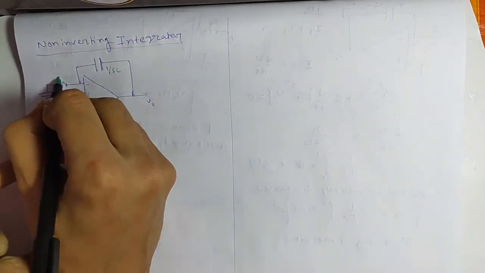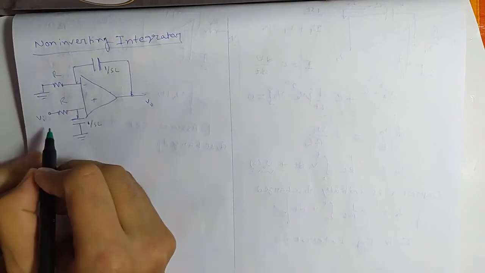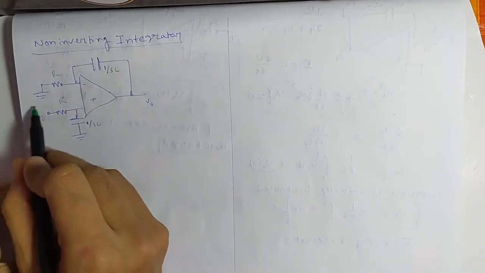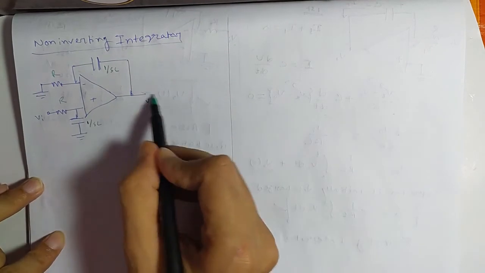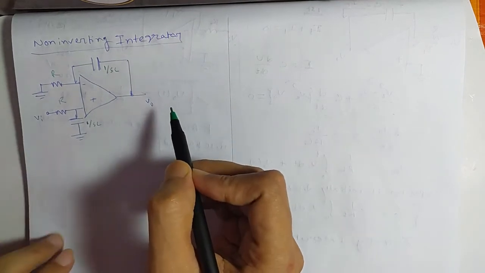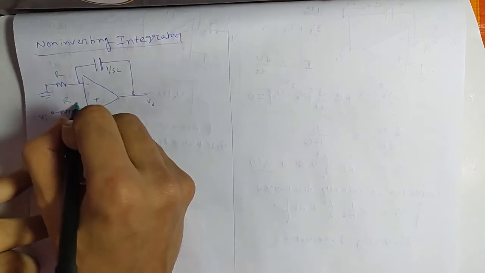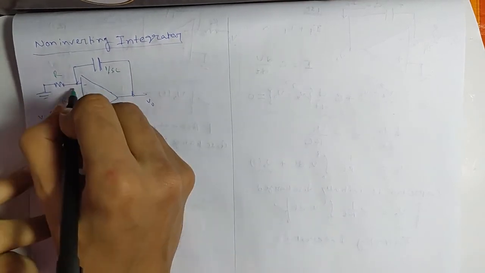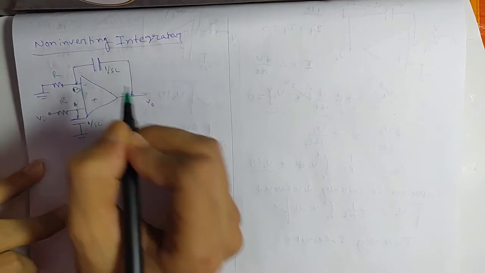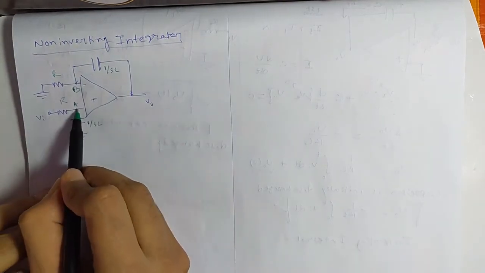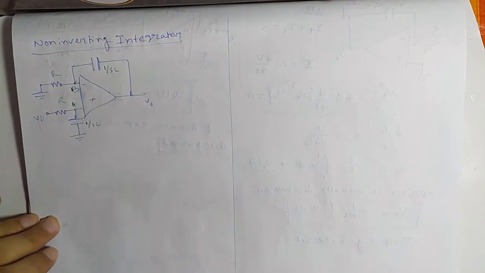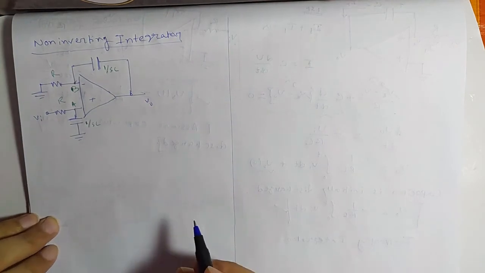Here you have R. Assume that this input is represented in the Laplace domain, and the output is also represented in the Laplace domain. So first find this voltage potential, that is node A, that is node B. This node A potential and node B potential will be equal, which we have already discussed.